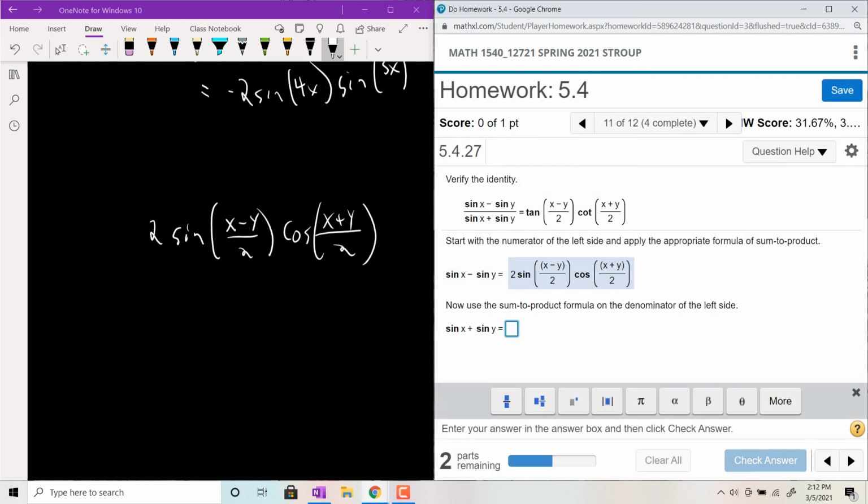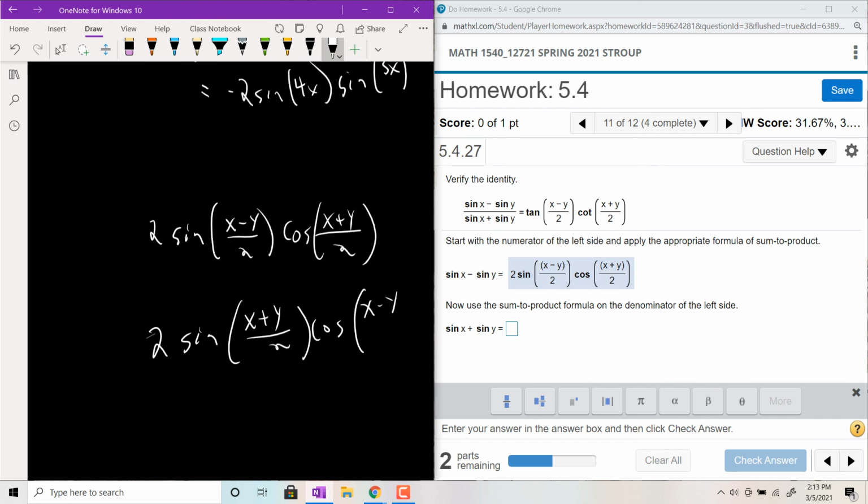Okay, I think I'm getting the hang of it now. Sine plus sine is the first formula. So that will be 2 sine of (x plus y) over 2, and then cosine of (x minus y) over 2.